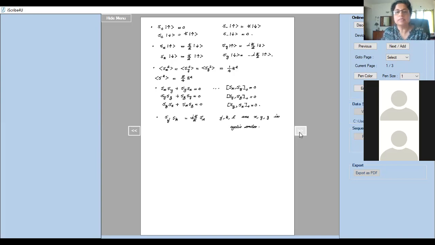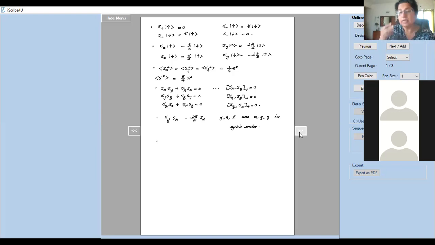So this is a very important thing again. What else would be important to remember is that you can remember the matrix forms. I mean, if you can, it will help. I'm not putting it down over here.